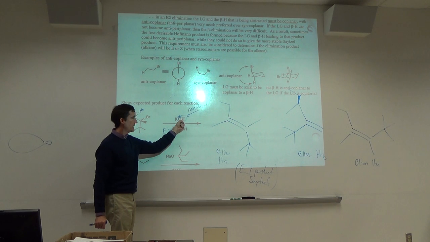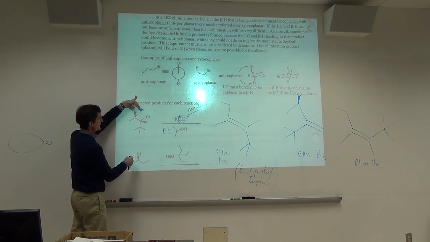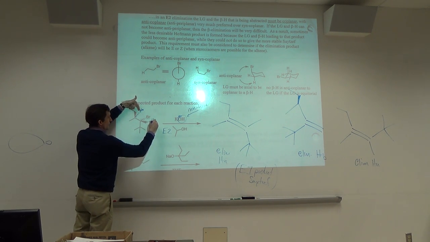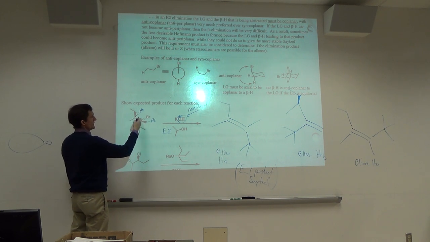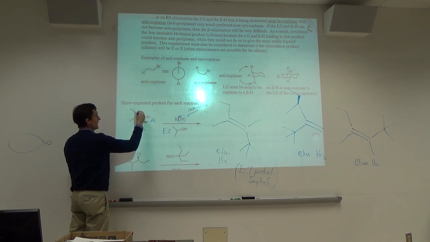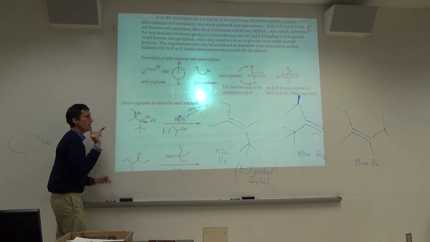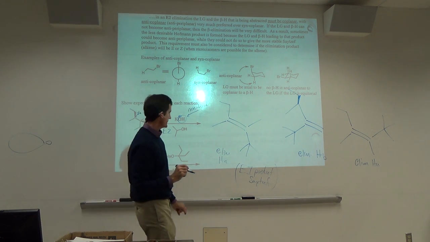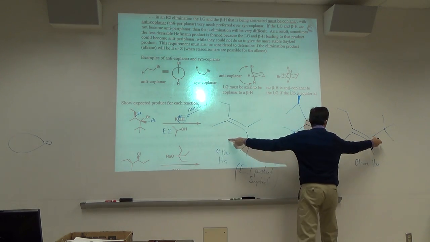It's not bulky. It'll be able to get this H. These are more accessible. This one's kind of hidden there on this more substituted carbon. What was it, HA? But are we going to get this or this?